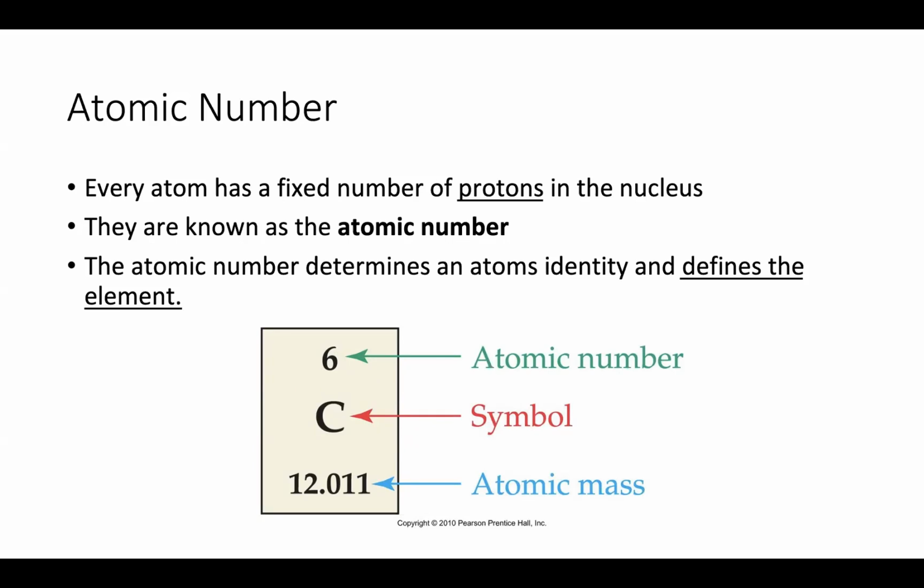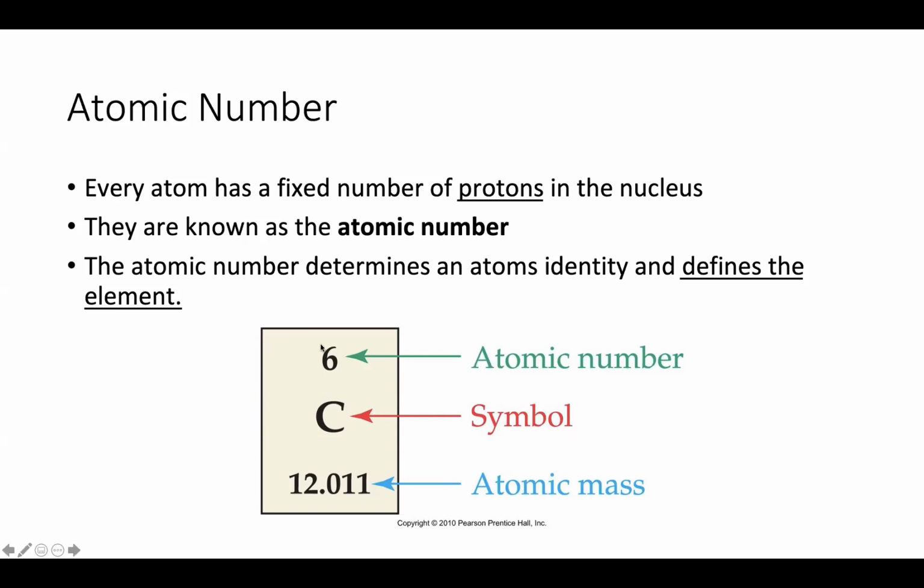And so what we're saying is that every atom of an element has a fixed number of protons in the nucleus. The number of protons doesn't change. And so that number of protons in the nucleus is known as the atomic number. All right. And so we therefore use the atomic number to identify an atom, or an element.